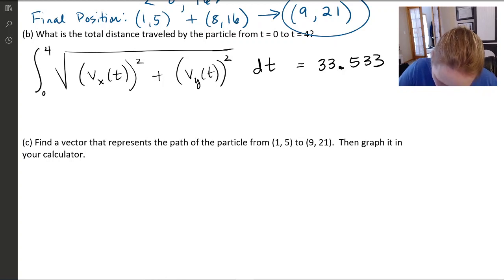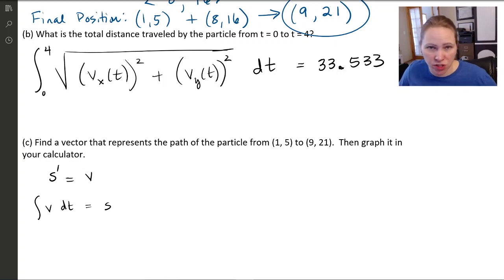So let's recall that if the derivative of position is velocity, then when I integrate velocity, I get the change in position. So essentially, I'm looking for the antiderivative. So I'm going to take that equation and I'm going to find the antiderivative.